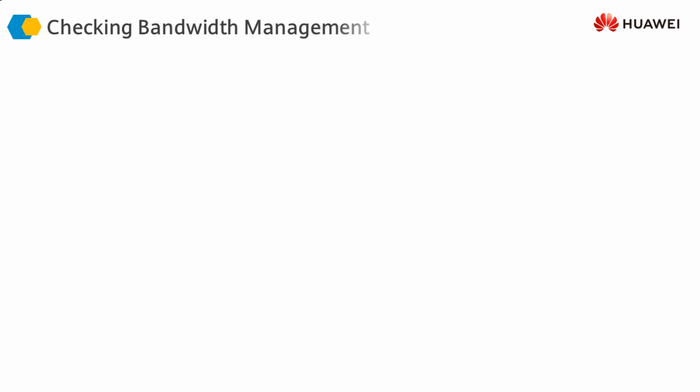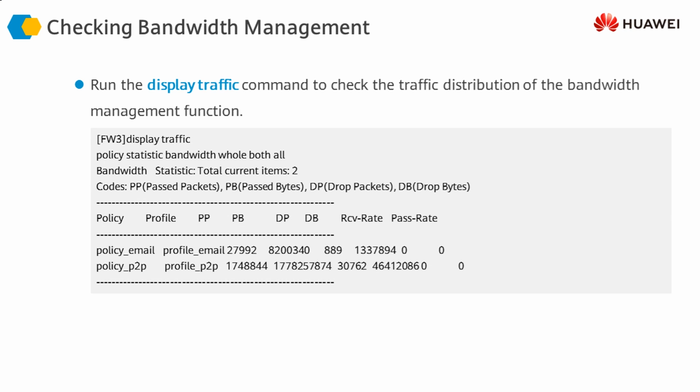If you want to look at how our policy is behaving, how our bandwidth management is working, if we do display traffic, we can see that we have two policies, policy email and policy P2P, which are working. An important thing is packets processed and bytes processed, packets dropped and bytes dropped. You can see that the packets that have been dropped for traffic that falls in the email policy category are much less than the packets or the bytes that have been dropped for peer-to-peer.